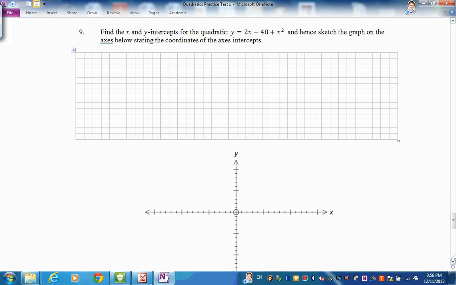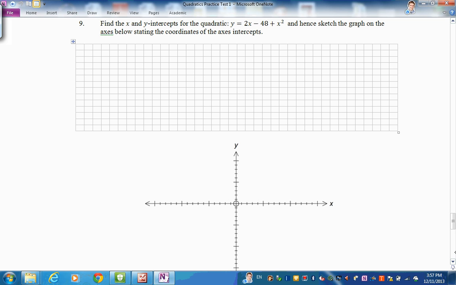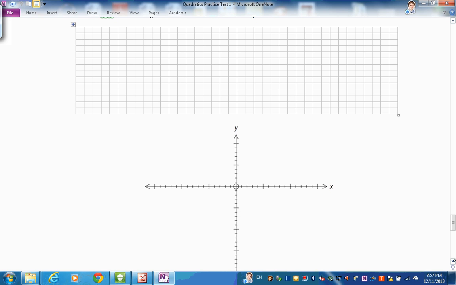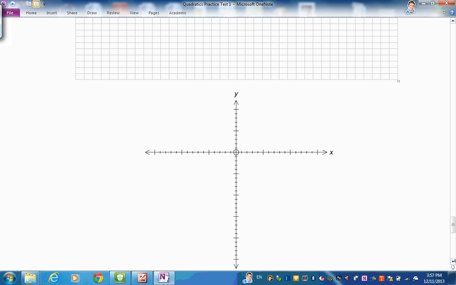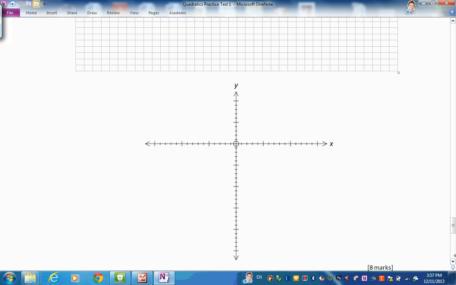And question 9 now. Got a bit of work there, x and y intercepts, and draw the graph. You might have to come down a bit if you're going on screen with the graph here. Eight marks altogether there.